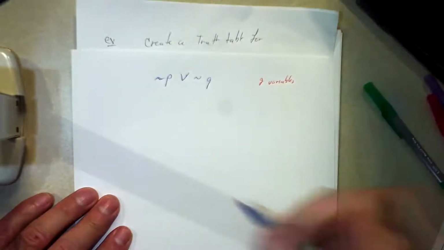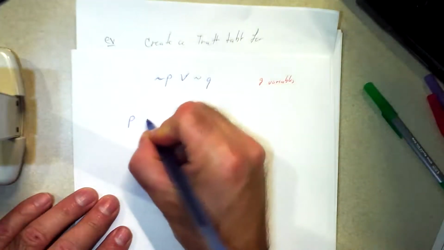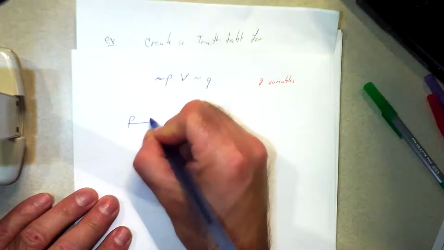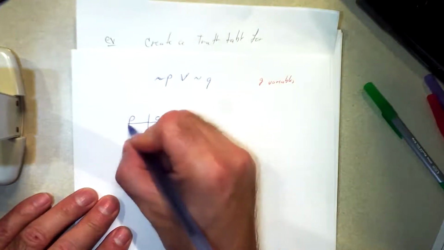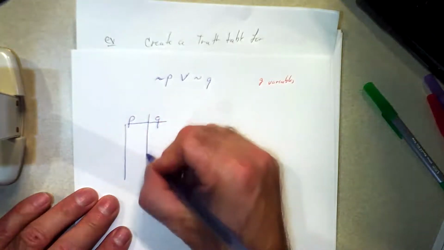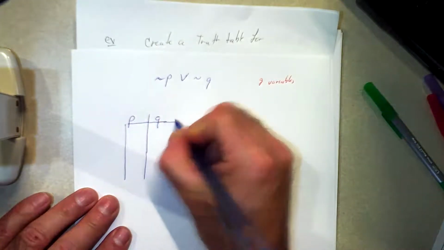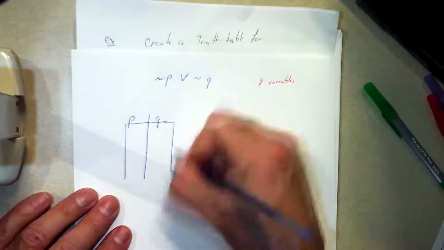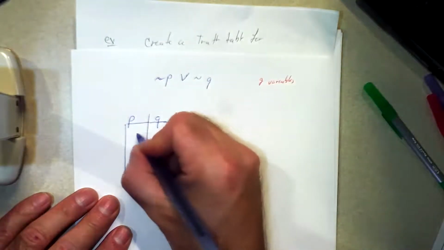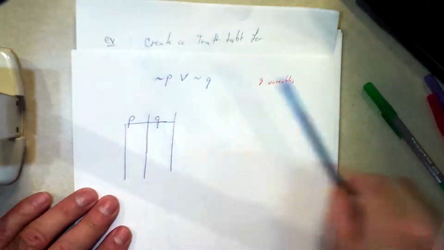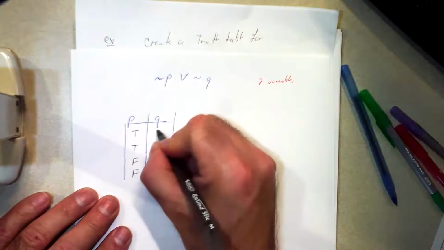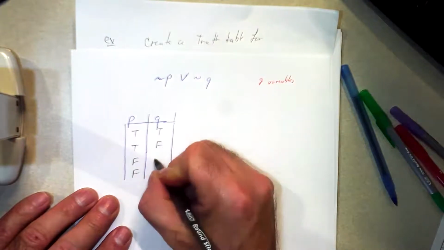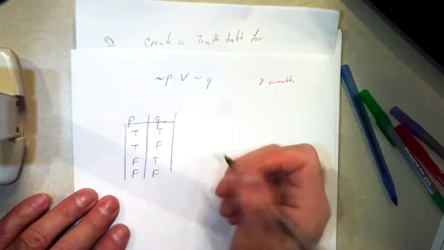So I'm going to have to do my P, Q, right? And do you remember how it went? How did it begin? It started as TT, TF, FT, FF.